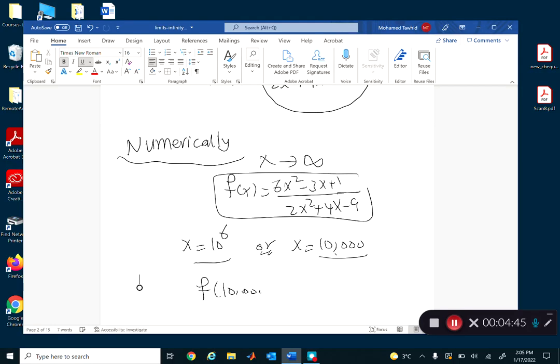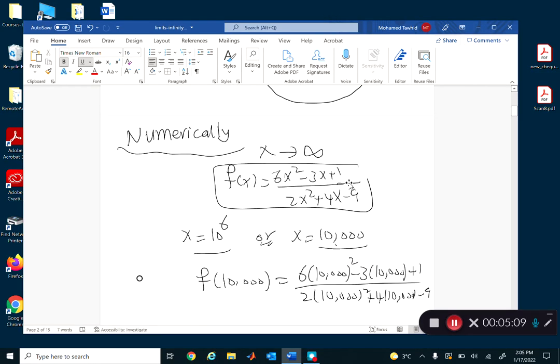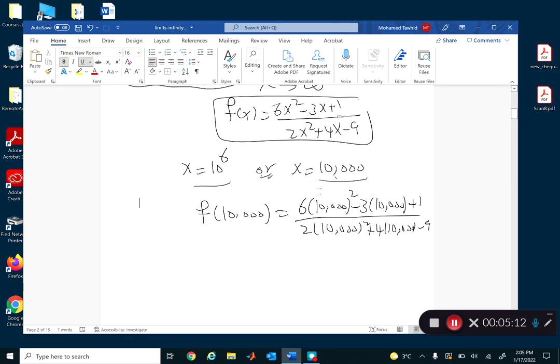Replace x by 10,000: 6 times 10,000 squared, minus 3 times 10,000, plus 1, the whole thing divided by 2 times 10,000 squared plus 4 times 10,000 minus 9. You get something like 2.999, a number close to 3. If you take 1 million, you get more 9s, 2.999.